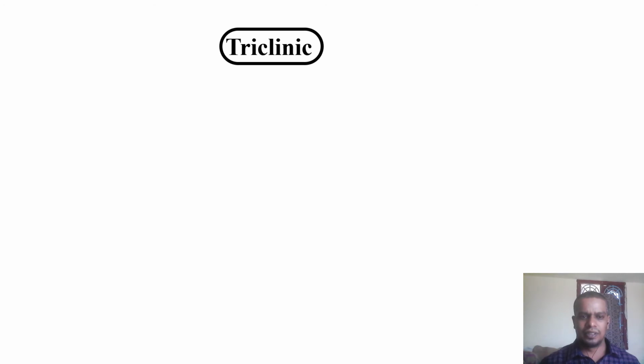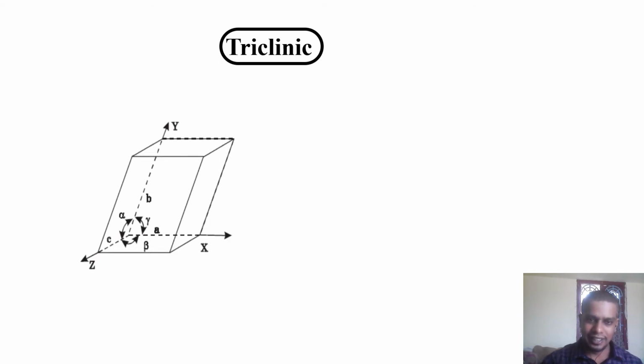The next crystal system we are going to look at is the triclinic system. Look at this picture. This picture shows a triclinic crystal system. We have to define the three intercepts and three interfacial angles in this triclinic system. Again we are going to use the same approach. The origin we are taking is here.